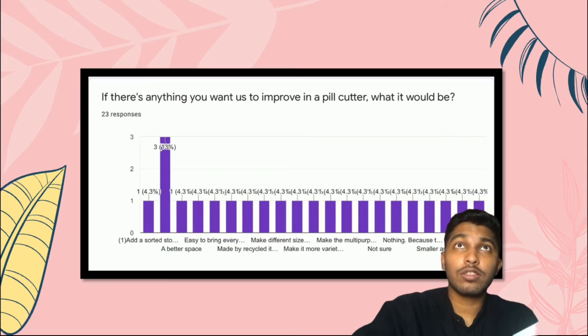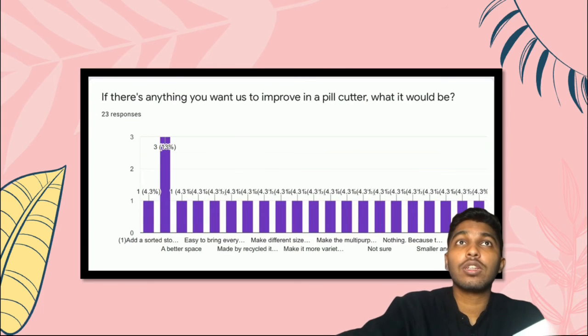And then we asked the potential users whether they had any ideas for improvement of the pill cutter that we suggested already. 3 of them suggested a better space, and others suggested having more storage, making it with recycled material, creating it with a portable size, making more variety of colors, and many more.